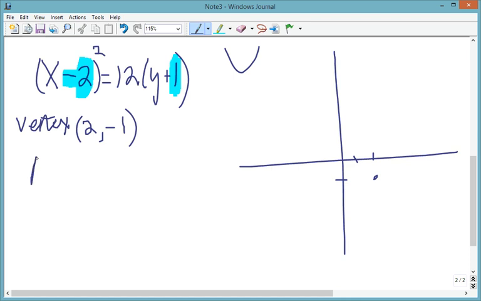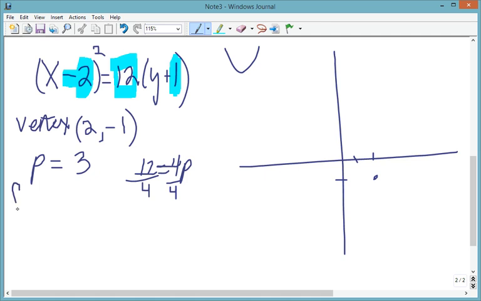Now, what is p in this case? Well, remember that this 12 right here is where the 4p is. So since 12 equals 4p, then p is equal to 3.